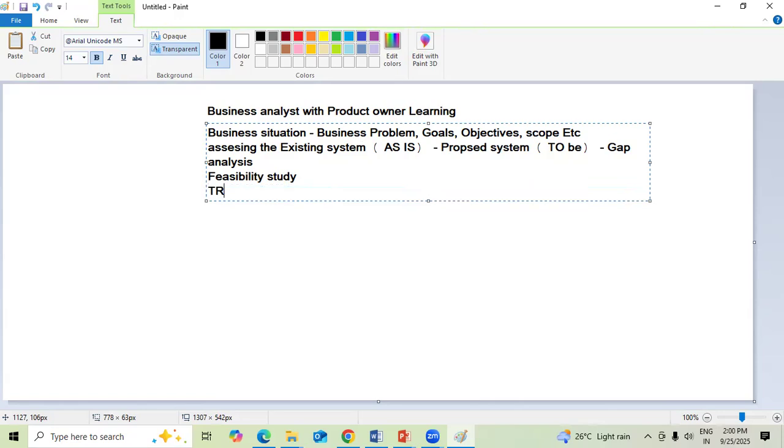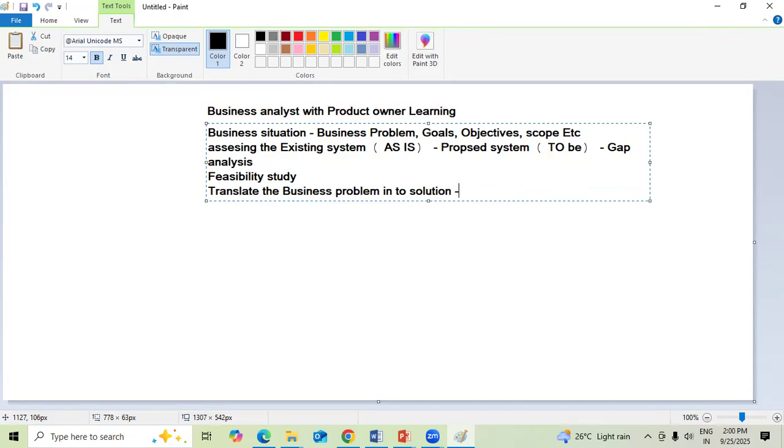Next, we need to translate the business problem into a solution.